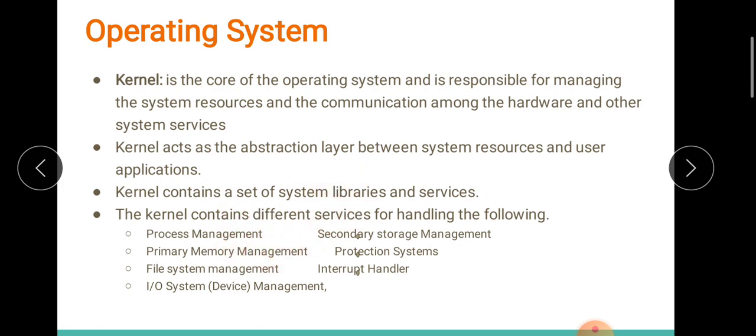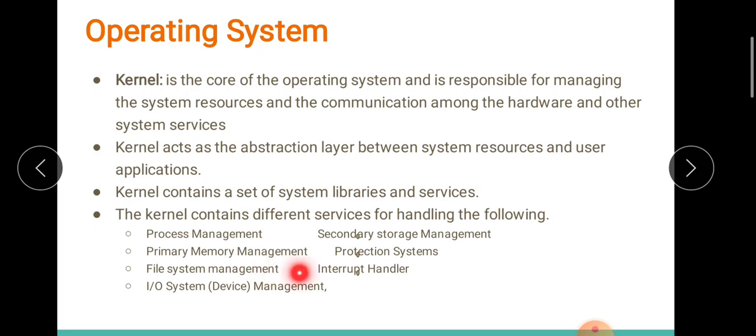Primary memory management is related to accessing your RAM, amount of memory available, amount of memory used, everything comes under this primary memory management. Later, the file system management: what are the files that you can access, when, how and by who. Here again, see, these both are similar, I have to say.